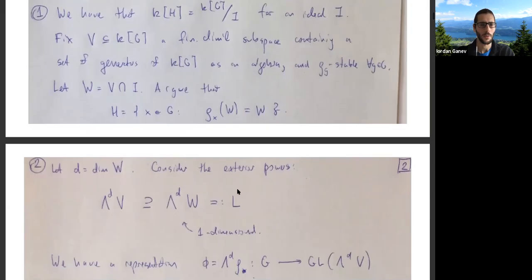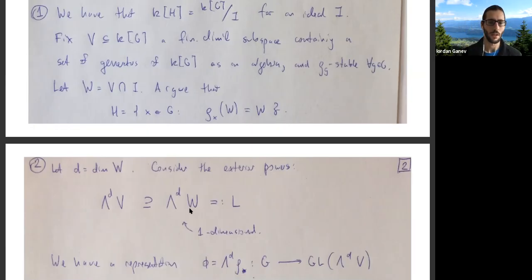Now let's take this subspace W and take its exterior power. Let D be the dimension of W, then the dth exterior power of W will be one-dimensional. This is a general fact: anytime you have a vector space, you can take its various exterior powers, and if you take the exterior power that's the dimension of the vector space, you just get something one-dimensional.